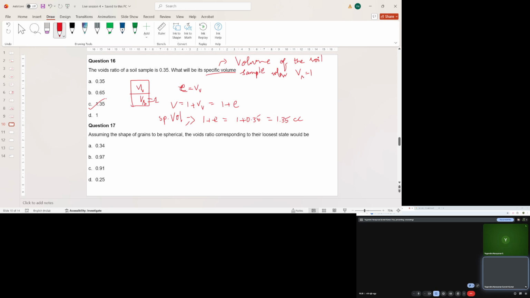Coming to the next question: assuming the shape of the grains to be spherical, the voids ratio corresponding to the loosest state would be. So for the loosest state, the arrangement is rectangular.